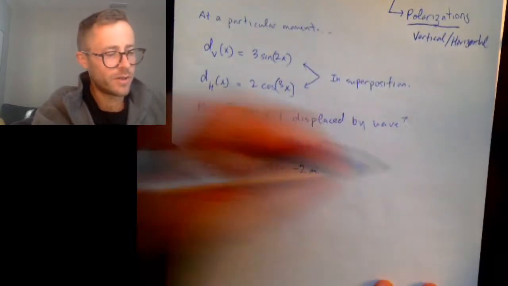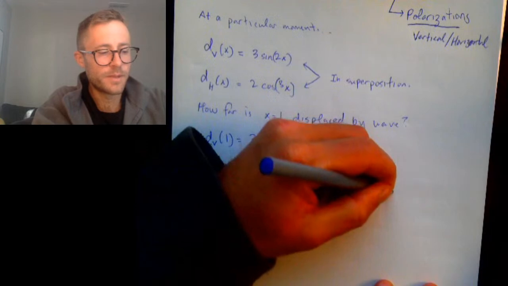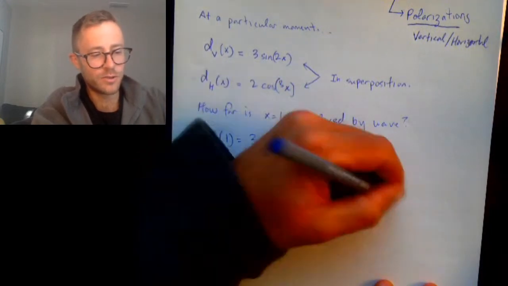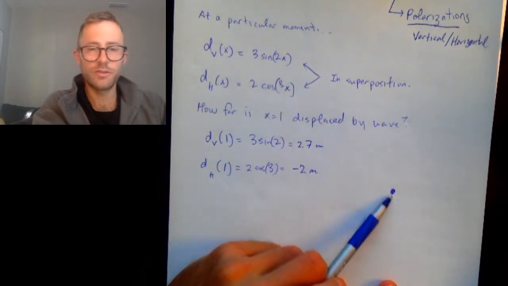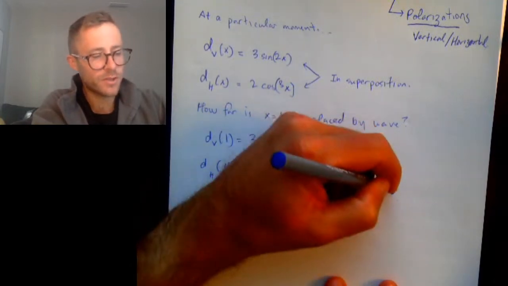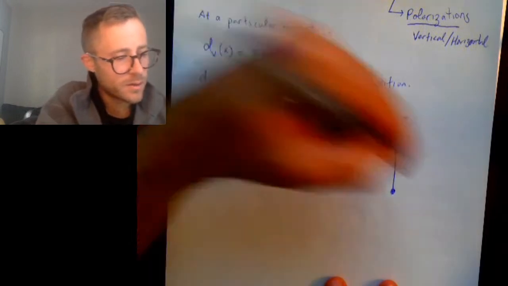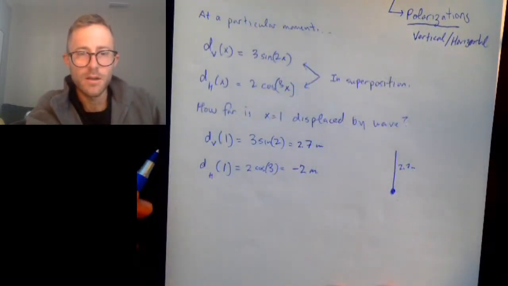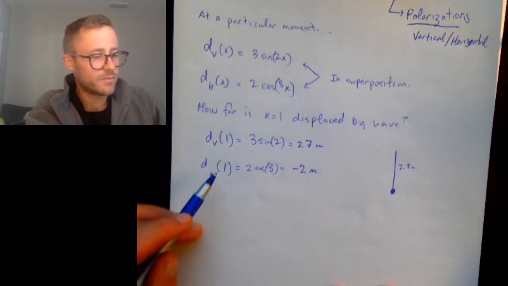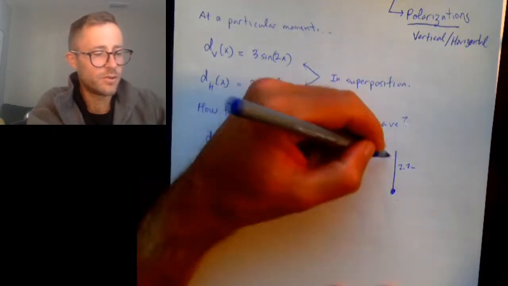Okay? So what does that mean? It means that the medium as a whole is displaced. So if this is the original spot, when the wave travels, this point is displaced up 2.7 meters. Okay? And then it is displaced to the left 2 meters.